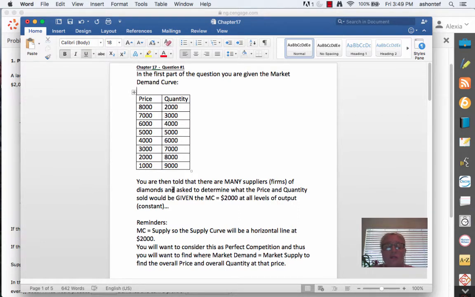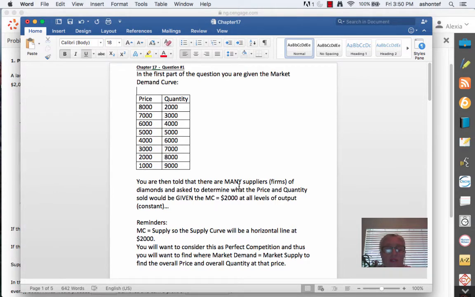Then you're informed in the question that there are many suppliers or firms of diamonds, and you're asked to determine what would be the price and the quantity sold. You're given information that the marginal cost is $2,000. It's constant at all levels of output.